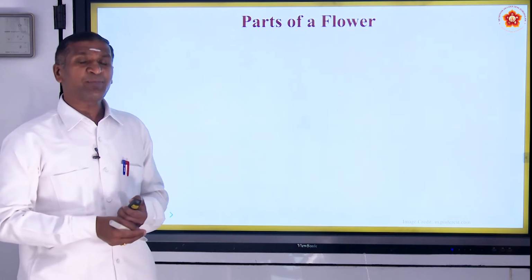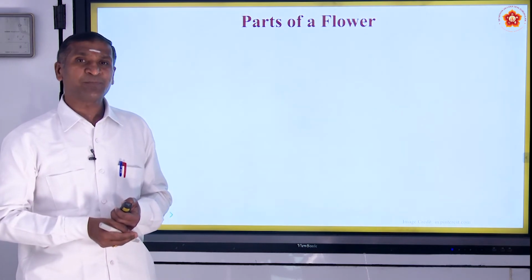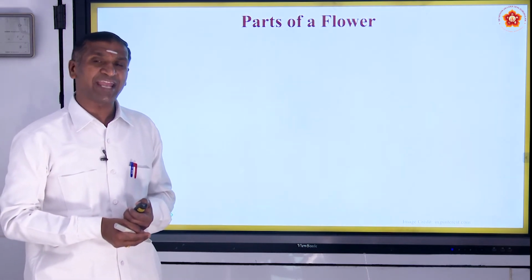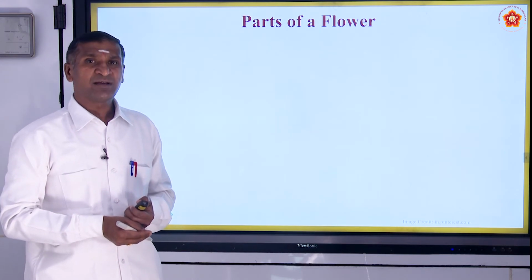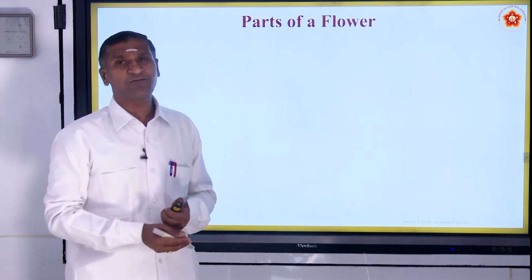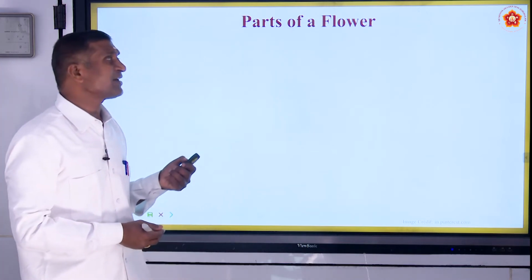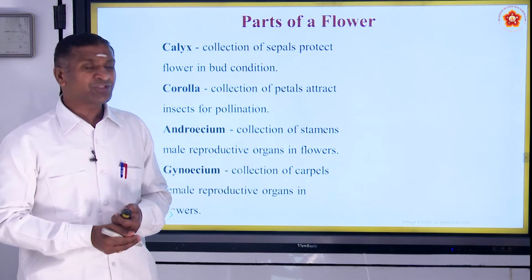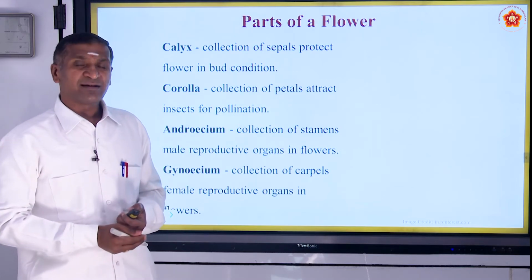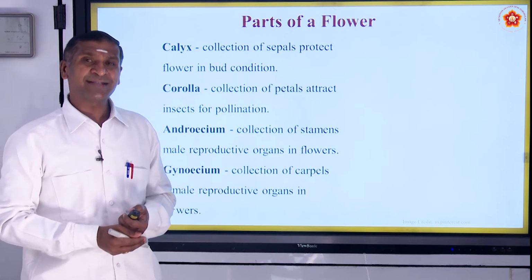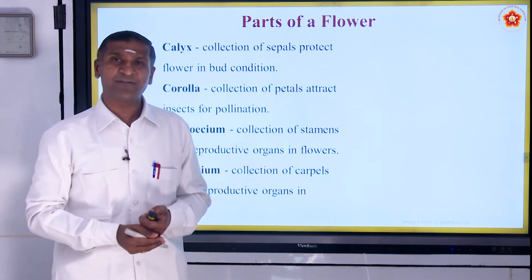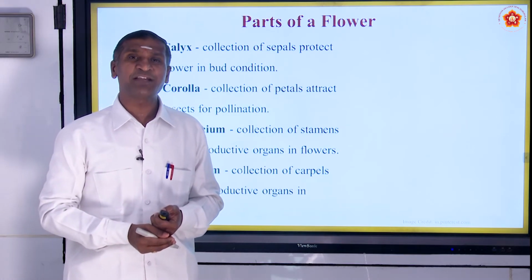This is sexual reproduction in flowering plants, which we call the angiosperms. Then what are the parts found in a flower? If you understand the various parts in a flower, it has mainly 4.